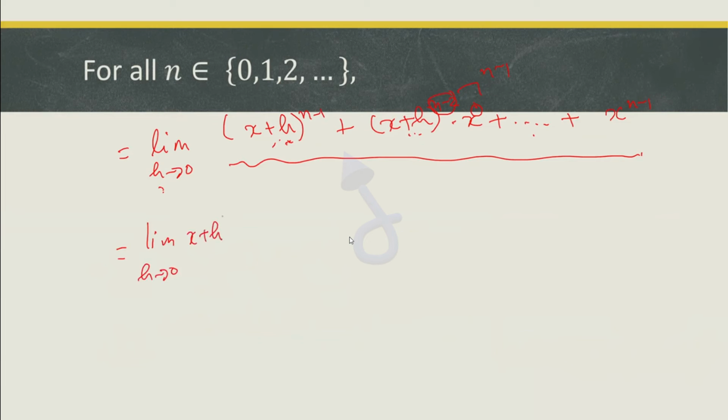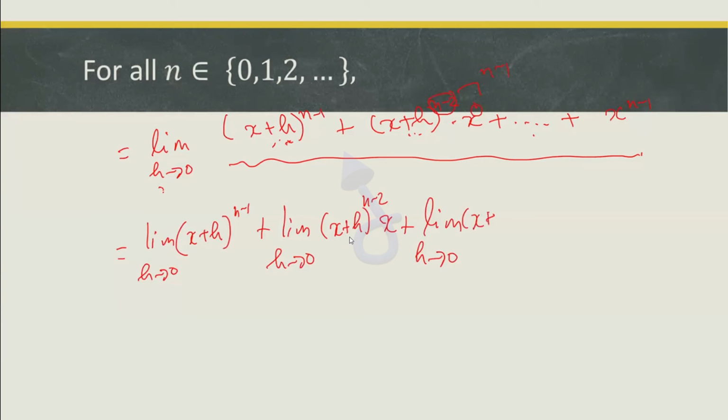Limit as h approaches 0 of (x plus h) to the n minus 1, plus limit as h approaches 0 of (x plus h) to the n minus 2 times x, plus limit of (x plus h) to the n minus 3 times x squared plus dot dot dot. So yung huli ay magiging x and limit. So limit as h approaches 0 of x to the n minus 1.